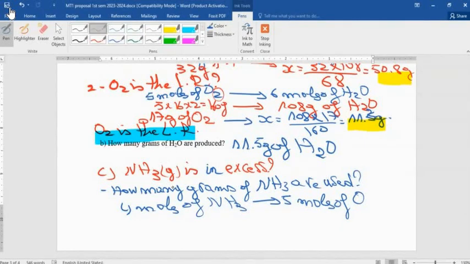I will use the same method as previously, the rabbit method. That means here I will convert the moles to masses. What is the mass of 4 moles of ammonia? I have already done it. So this one is 68 grams of ammonia. So simple. What is the mass of 5 moles of oxygen gas? It is 160 grams.